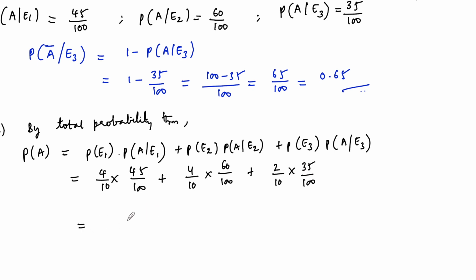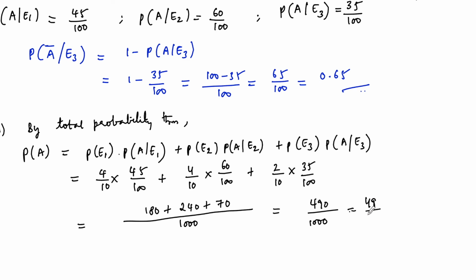So upon 1000 as the LCM, we can write 45 times 4, that is 180, plus 60 times 4, that is 240, plus 35 times 2, that is 70. So the total sum is 490 upon 1000, which can also be written as 49 by 100, that is 0.49. So 0.49 is the answer for this question.